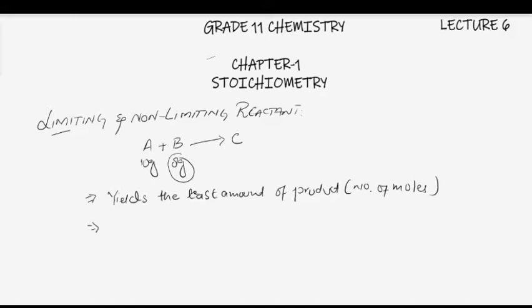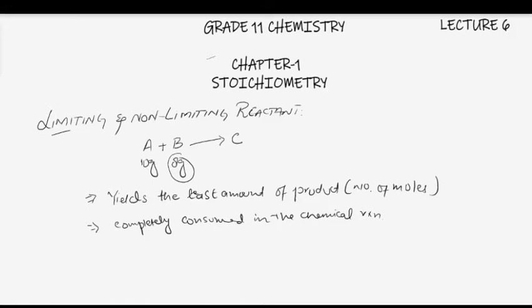Or you can define a limiting reactant as a reactant that is completely consumed in the chemical reaction. So you can define it in both ways: a reactant that yields the least number of moles of the product, or a reactant that is consumed completely during the chemical reaction.